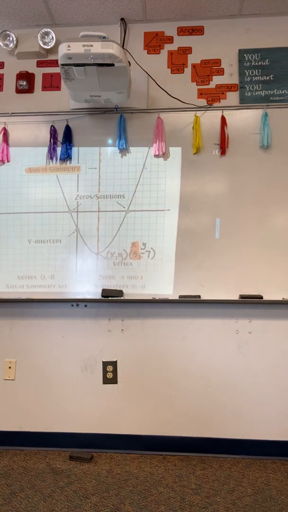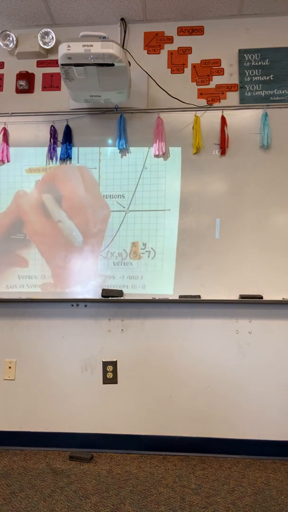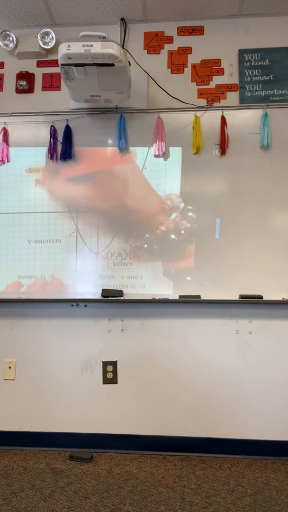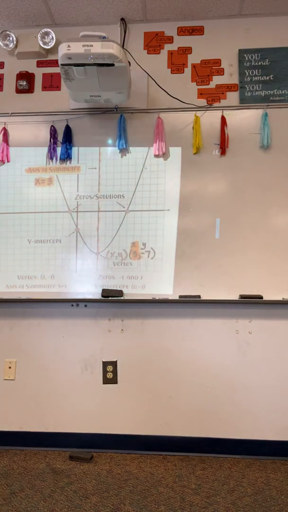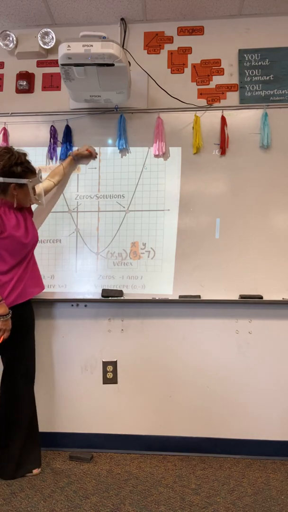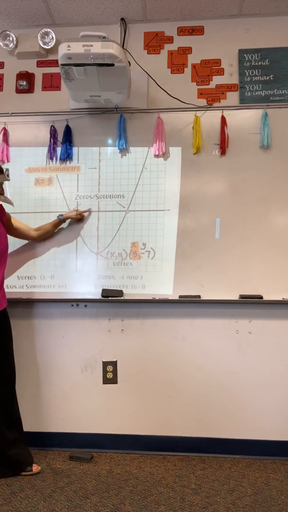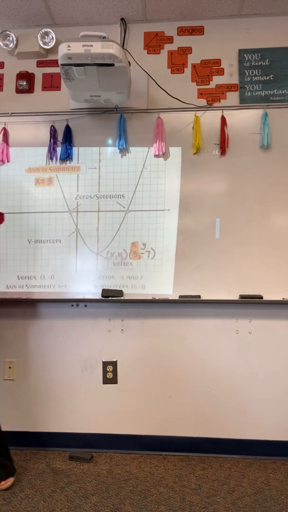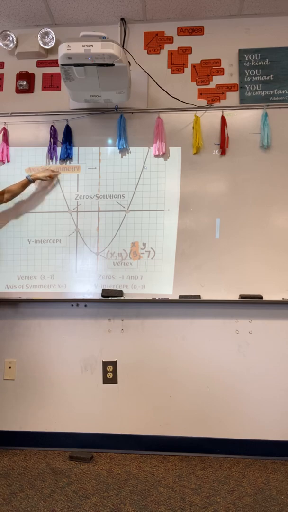All right, so your axis of symmetry is an X equals value, and it is going to be the same X value that is your vertex, because your vertex and your axis of symmetry are on the same X value. So this is X equals 3. This line's on X equals 3, and your vertex goes through X equals 3. So I'm going to color them both orange, okay, or both one color, because this X value is the same as that X value. Is everybody good with that so far?